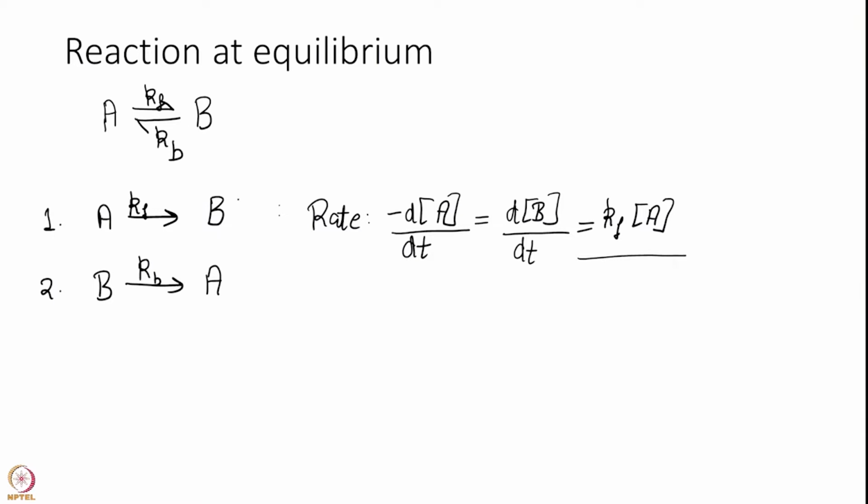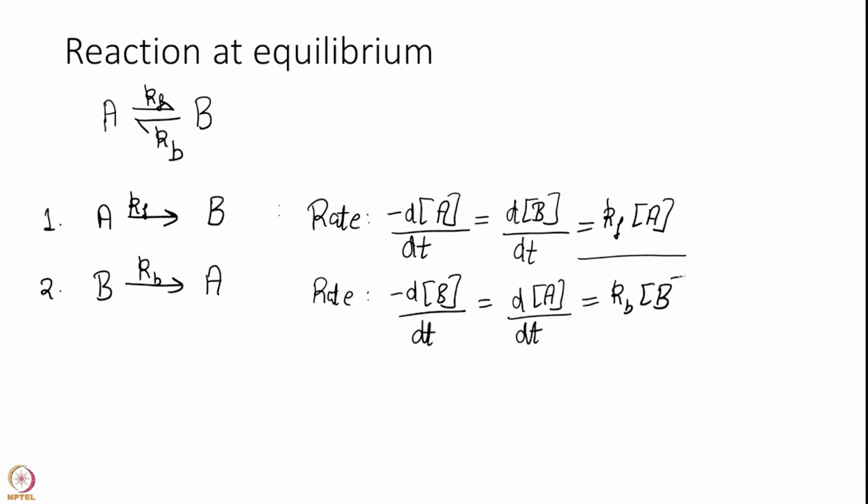For this first step, A is the reactant. For the second step, I will treat B as the reactant, whatever is on the left side of the arrow. So, for this one, I will write the corresponding rate as minus dB over dt equals dA over dt equals Kb concentration of B.